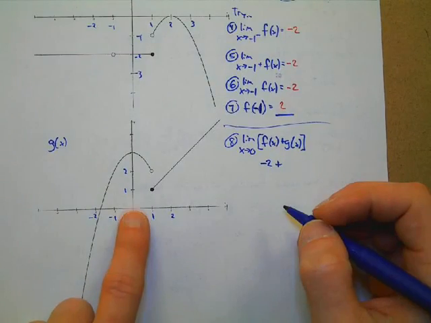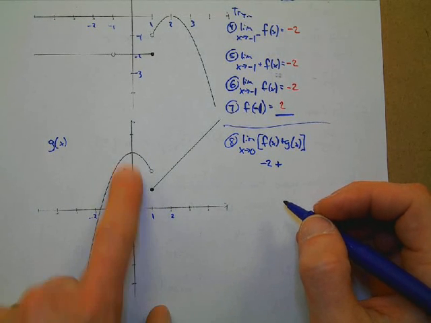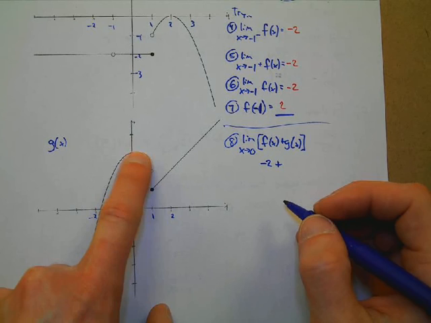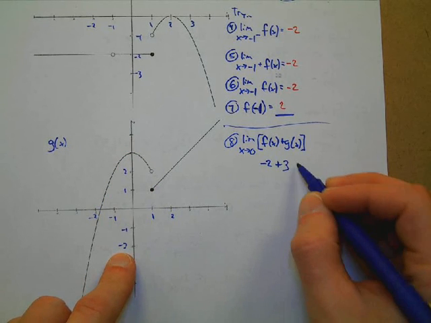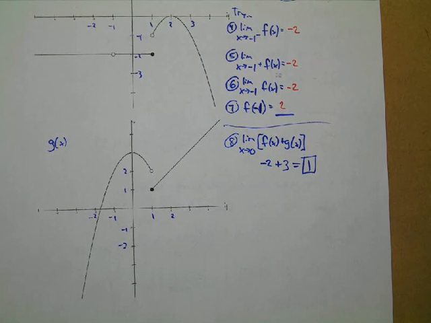Okay? What about the limit as x approaches 1 from the right of f of x plus g of x, all over 3? Well, again, we can take the individual limits here.